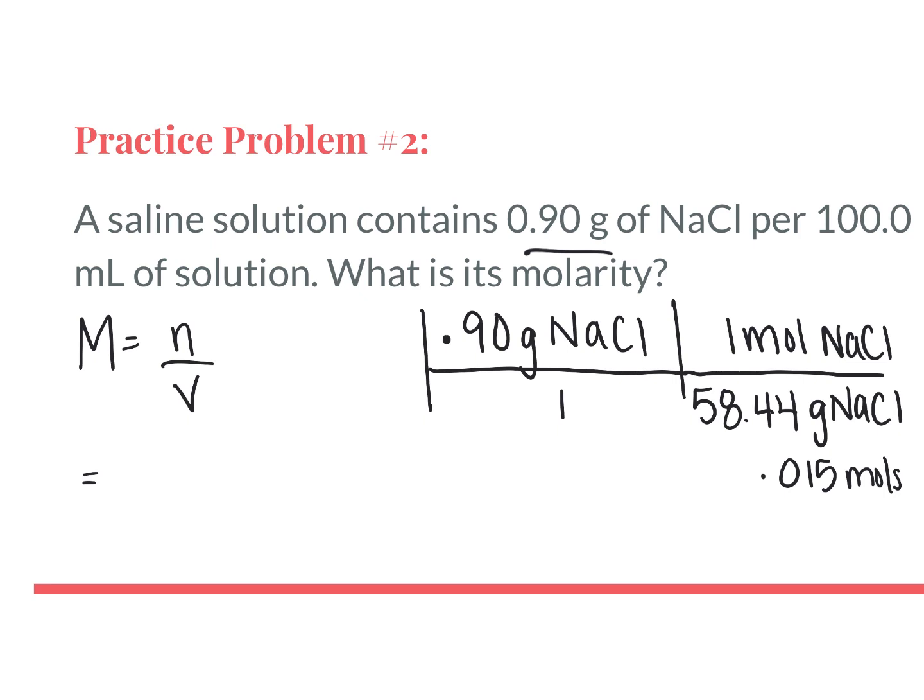Now we're going to plug this into the equation. We have 0.015 moles. What's the volume of our solution? 100 what? Milliliters. What unit does volume need to be in? Liters. Move the decimal. How many places? 3. So it becomes 0.1000 liters.